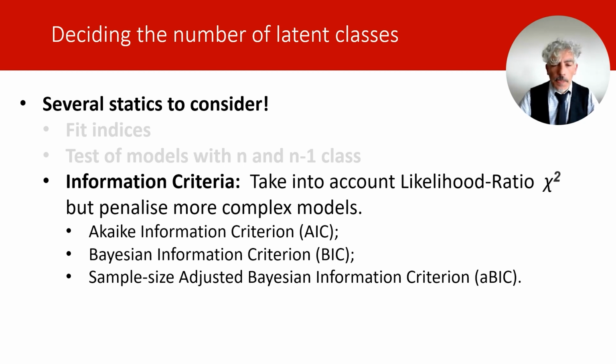So the rule is to choose models that are associated with lower values of the information criteria, and that also means that we tend to prefer models that are more parsimonious, those with fewer parameters being estimated. And the most common ones are the ones I have listed here, for example, the Bayesian information criterion or the sample size adjusted Bayesian information criterion.